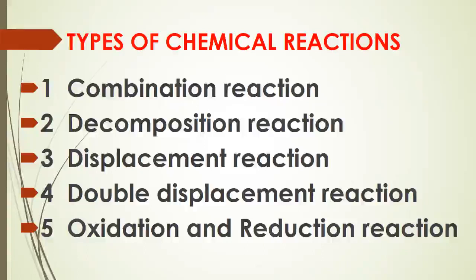Next part of this chapter is different types of chemical reactions. There are 5 different types of chemical reactions: combination reaction, decomposition reaction, displacement reaction, double displacement reaction, and oxidation and reduction reaction.